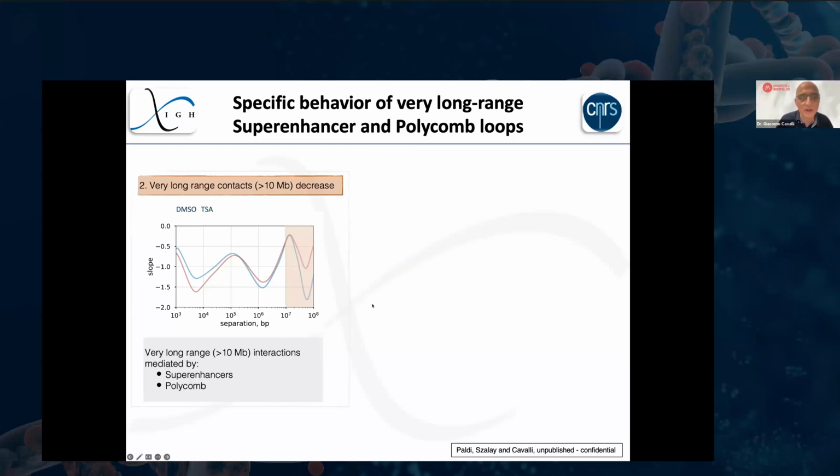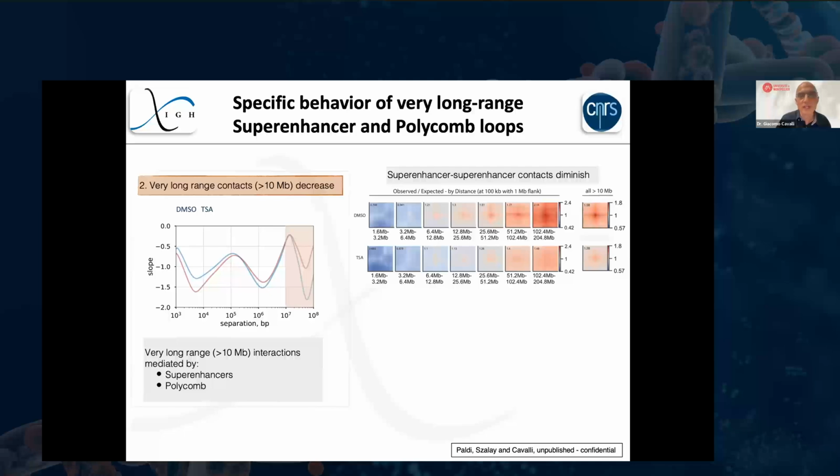We can look at specific kinds of long-range loops, and what we know is that there are super enhancers that form long-range loops, and Polycomb proteins that do the same. When we look at the super enhancers, strikingly, if you treat with TSA, you increase acetylation. So intuitively you could say, well, super enhancers should do fine.